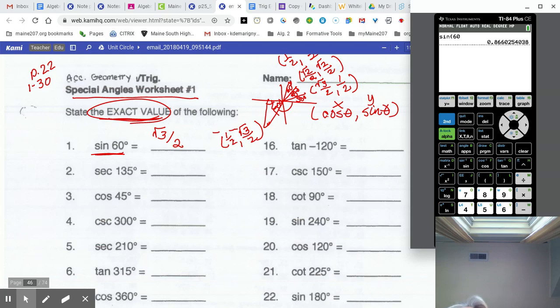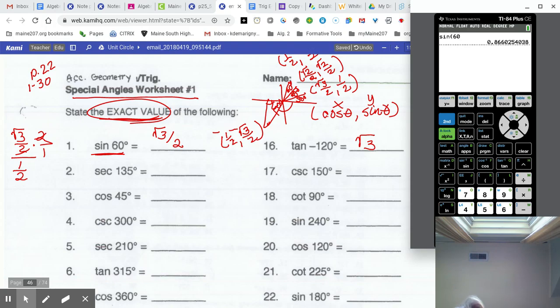Remember that it's a sine over cosine. So if I'm doing this exact, it's root 3 over 2 over 1/2. And when you take the reciprocal of the bottom and bring it to the top, you'll see that what you're looking at is the square root of 3.